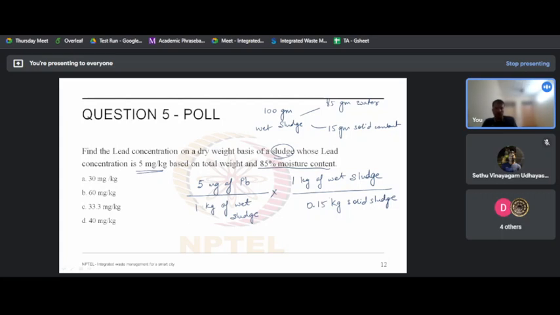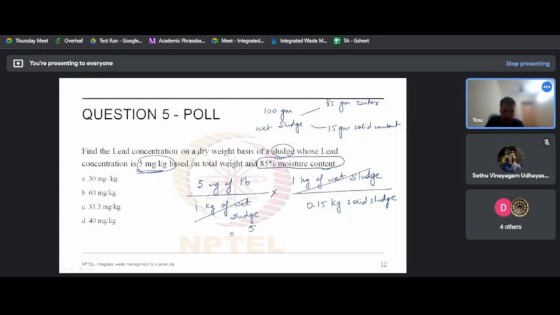So it was given here: sludge whose lead concentration is 5 milligrams per kg. What was the second piece of information provided? That the sludge has 85% moisture content. This we use to convert wet concentration to dry. So 1 kg of wet sludge divided by 0.15 kg of solid sludge. Here we can see this and this would get cancelled out.